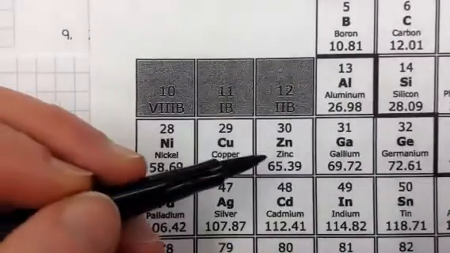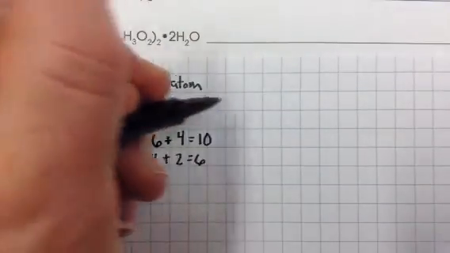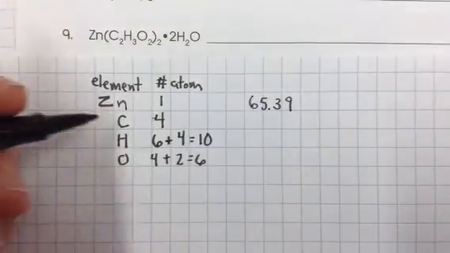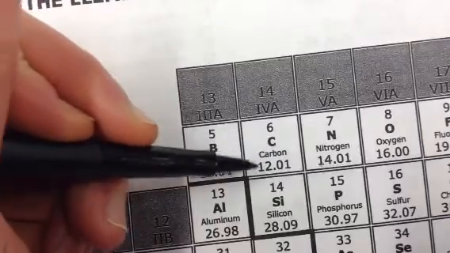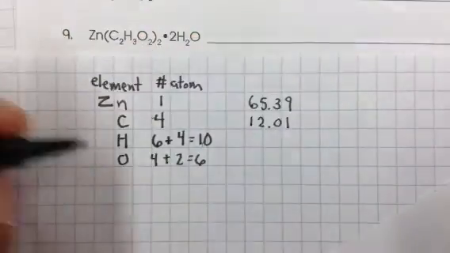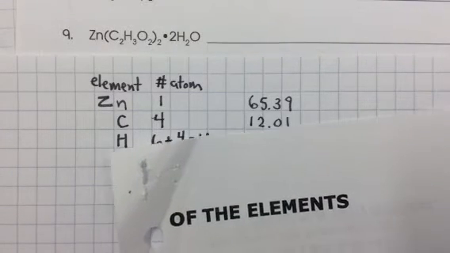Well, that's pretty easy. We'll start with zinc, 65.39, and carbon, we just saw that, 12.01. Hydrogen, of course, hydrogen always being difficult, on the other side of the table.